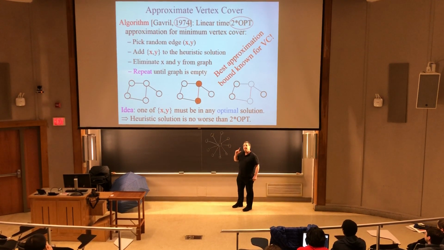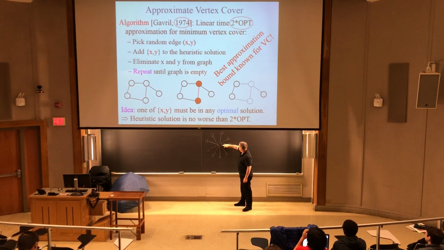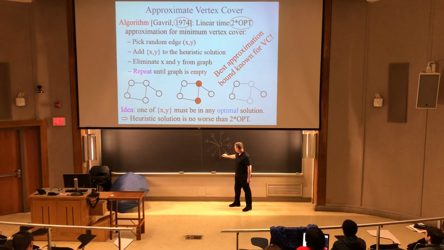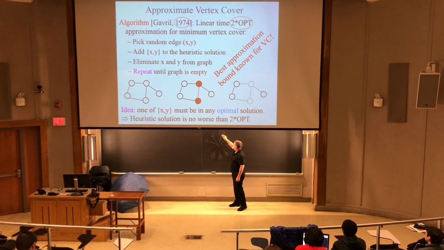If you pick an arbitrary node, not edge, but a single node, throw that into the solution, eliminate its neighboring edges, and repeat, you could pick this node, eliminate that edge, and then pick this node, and that node, and that node. Arbitrary nodes, but really the node that you should have picked at the beginning is this one.